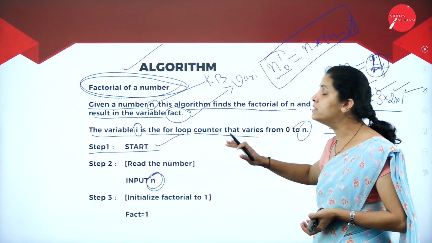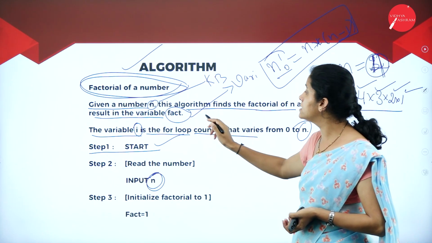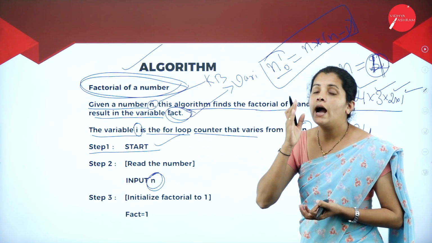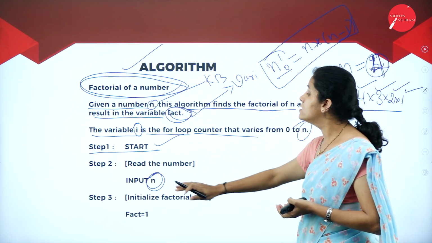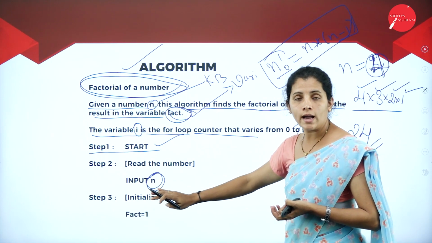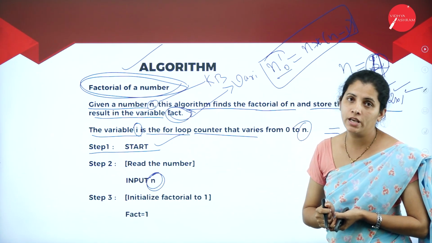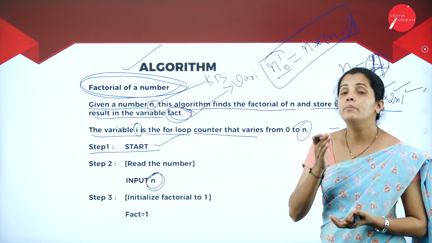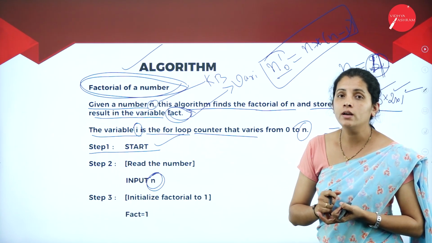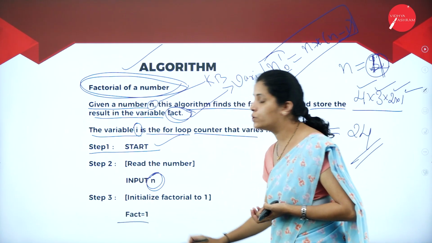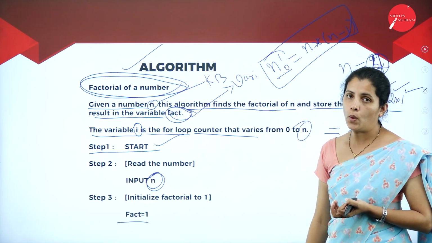That means all the results are stored inside fact. And if I forget to initialize fact equal to 1, then fact holds some garbage value and you may get a wrong result. In order to avoid that, I am going to use fact equal to 1.